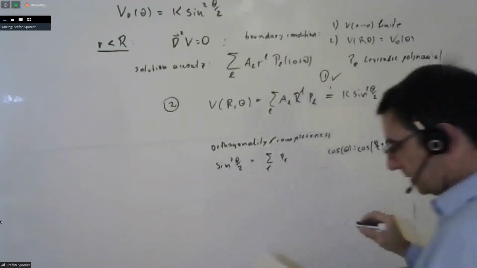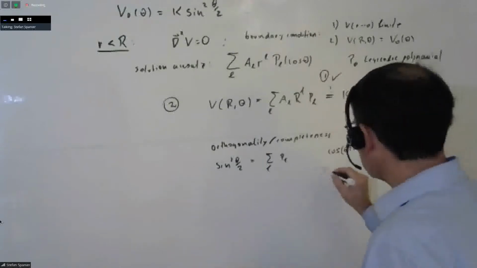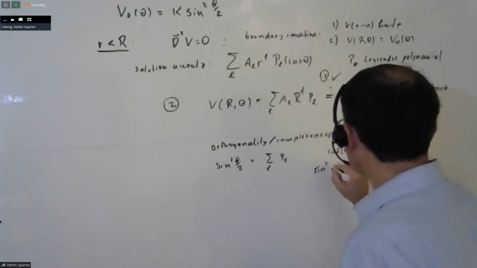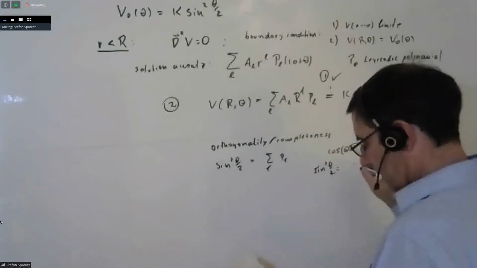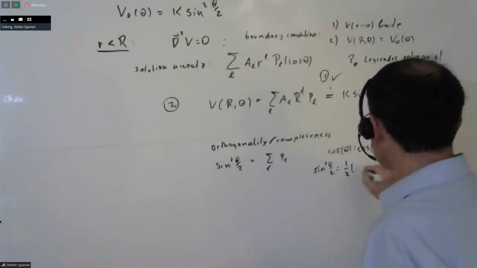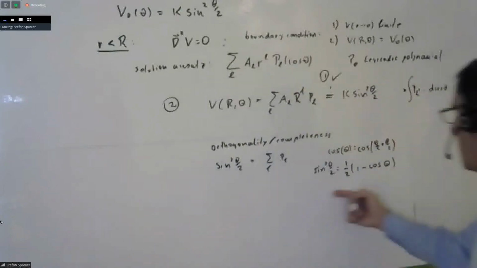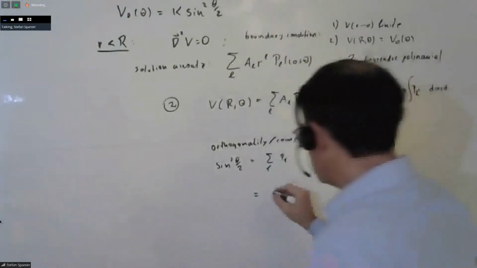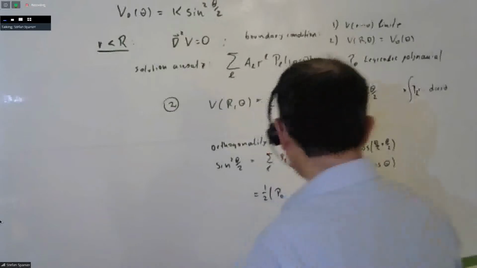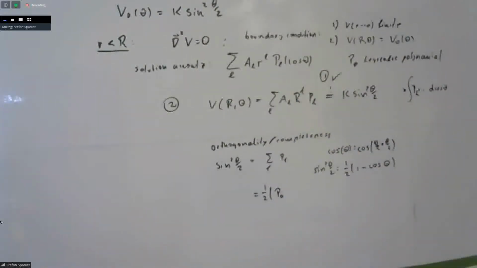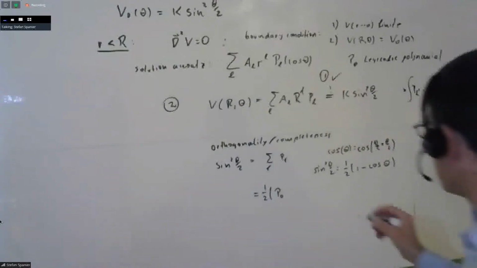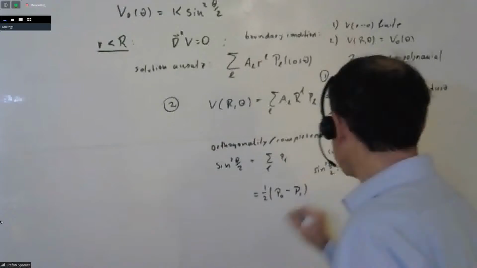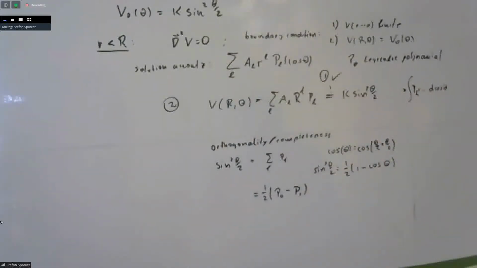What you find is that sine squared theta half indeed can be given as 1/2 times 1 minus cosine theta. And this tells you how to break this down. This is also then 1/2 P0, P0 was just the 1, and then minus P1. So indeed, we only have the 0 term and the 1 term.